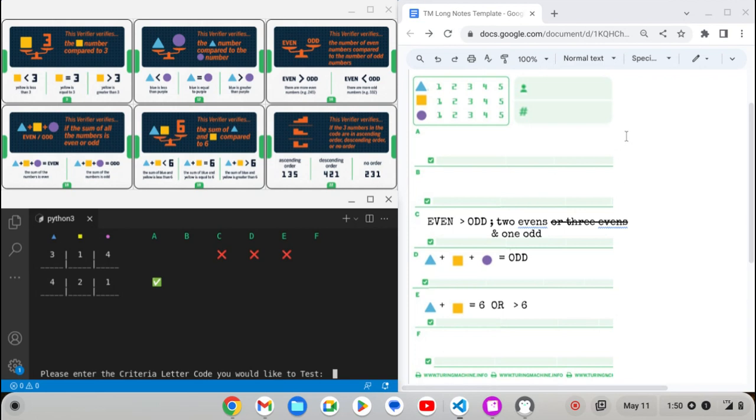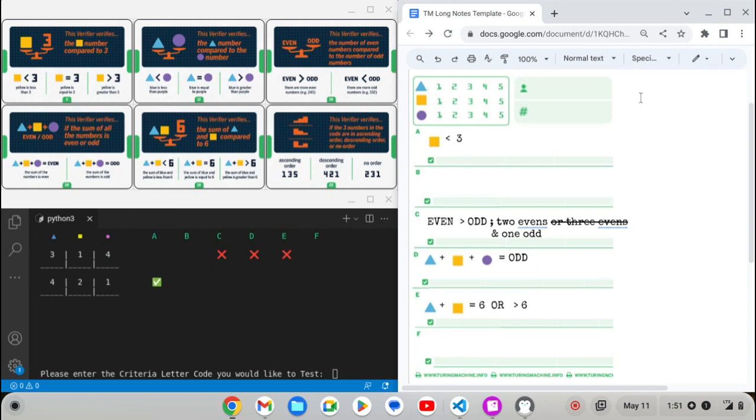So that is criteria A, and that is stating that square is indeed less than 3. Now, it's not to say that it is exactly 2. It's just saying that it's less than 3. And so potentially it could be the odd 1.